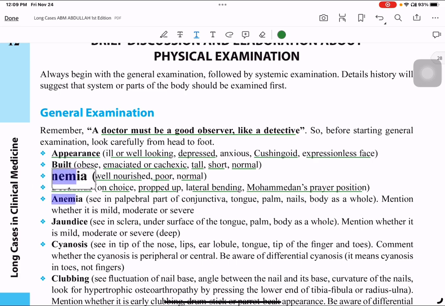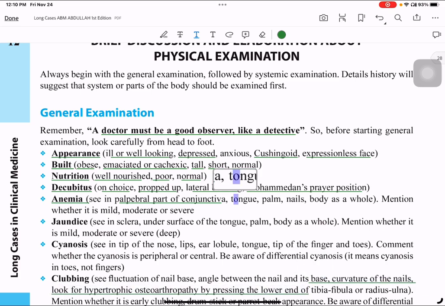Then we have to look for anemia. Anemia is indicated by pale coloration, but actually it indicates a lower hemoglobin level in the blood. Where can we see it? We can see it in the palpebral part of the conjunctiva, and as a whole the patient may look pale.